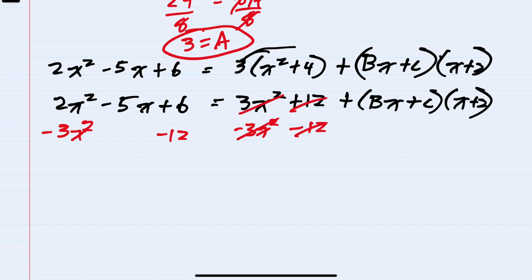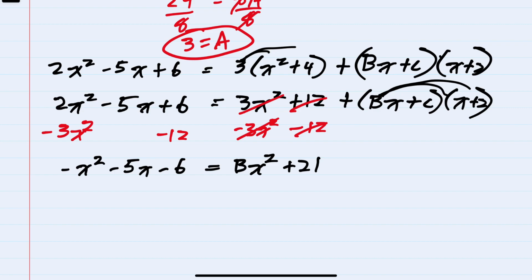Combining like terms, I now have negative x squared minus 5x minus 6 equals, on the right-hand side, I can now do this multiplication. bx times x is bx squared. bx times 2 is 2bx. c times x is cx. And c times 2 is 2c.